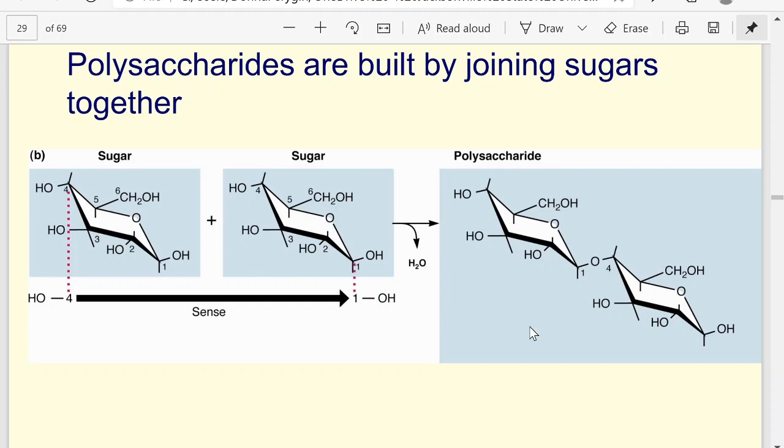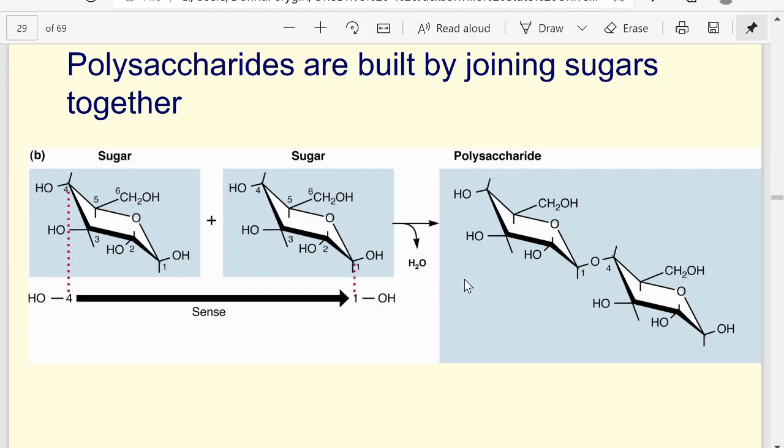The point is that polysaccharides have a direction or a sense. In this case, the end that has the fourth carbon is connected to the end that has the first carbon, and this first carbon is the anomeric carbon because it's joined to these two oxygens.